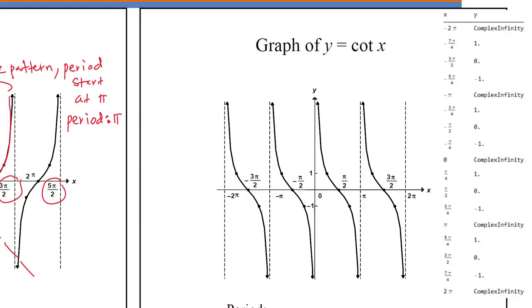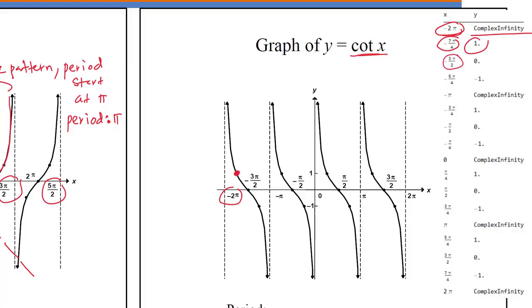Last, we want to see the graph of y equals cotangent x. At -2 pi, you get infinity here. Then at negative 7 pi over 4, you get 1.